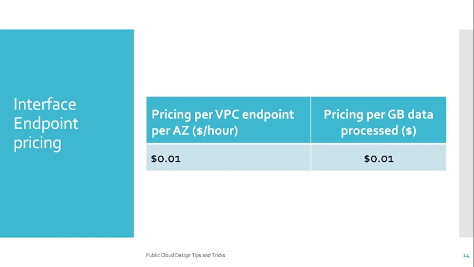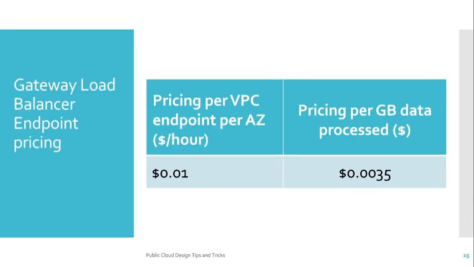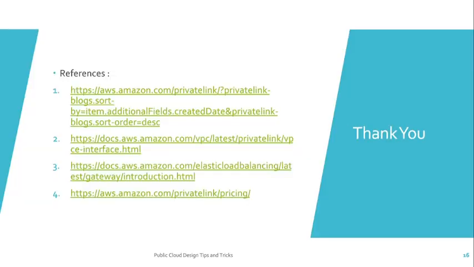And also for processing 1 GB of data, you have to pay $0.01. Then gateway load balancer endpoint pricing, again per hour you have to pay $0.01, and for 1 GB of data processing you have to pay $0.0035. This also varies from region to region. The data that I am showing here is for the US region.